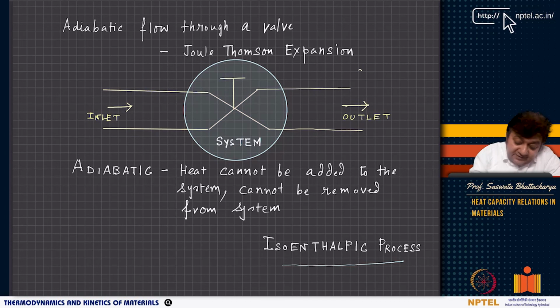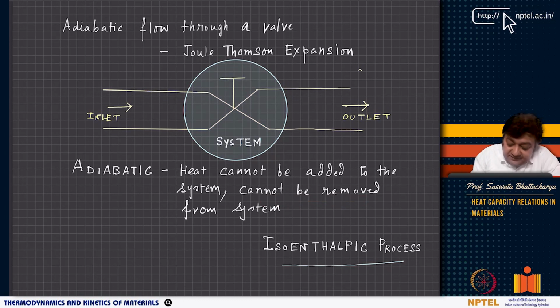Let us have a look at this adiabatic flow through a valve very quickly. If you look at the inlet and the outlet, and this is the system, adiabatic means heat cannot be added to the system or removed from the system, and you have this valve here.